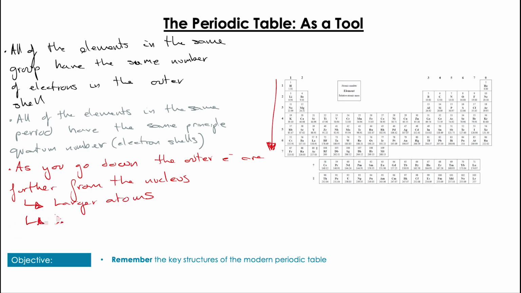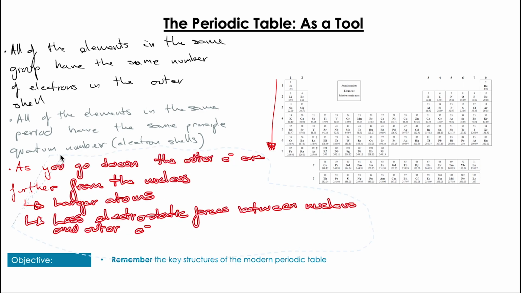But this also means that those outer electrons are going to have less electrostatic attraction to the nucleus, and that has huge implications on lots of different physical and chemical properties.